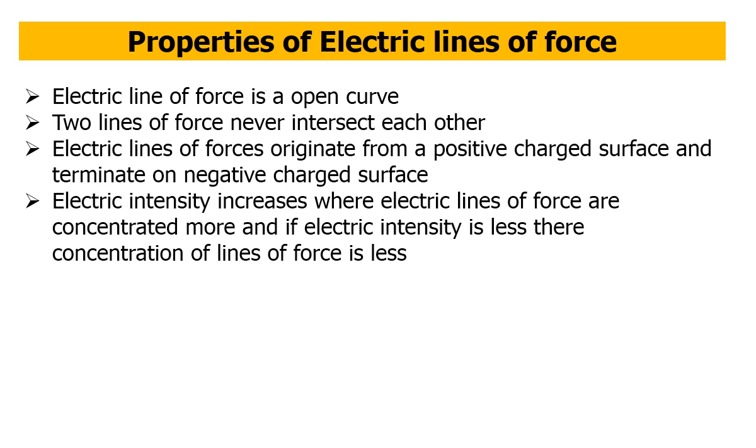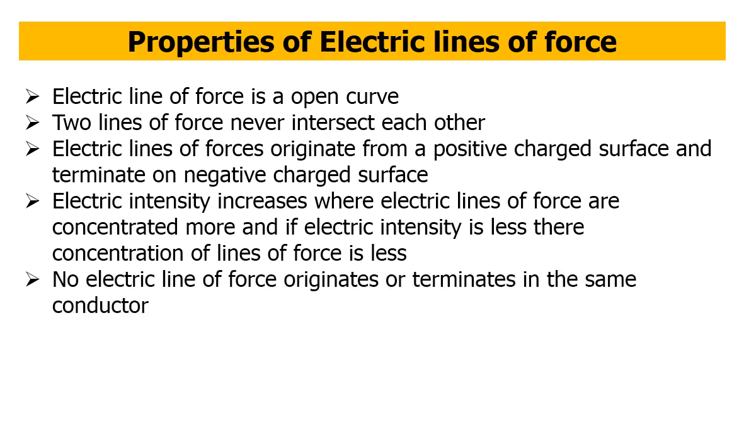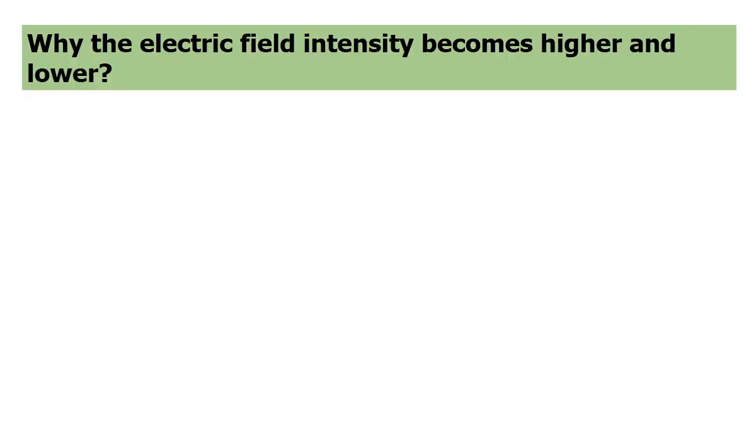And finally, electric intensity increases where electric lines of force are concentrated more, and if electric intensity is less, the concentration of the lines of force is less. No electric line of force originates or terminates in the same conductor.